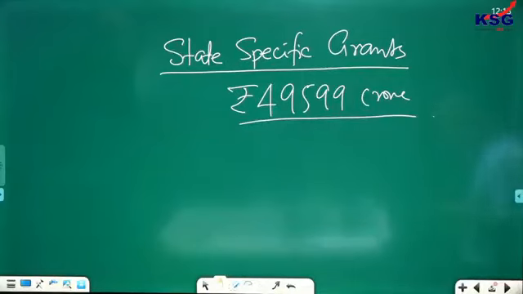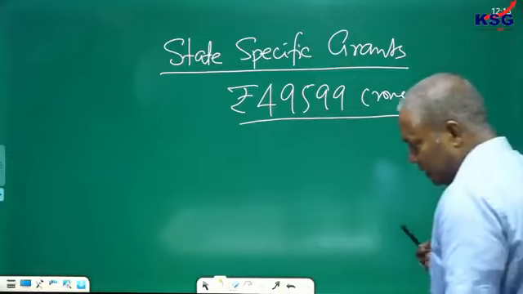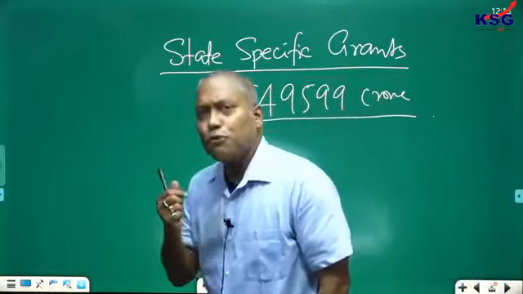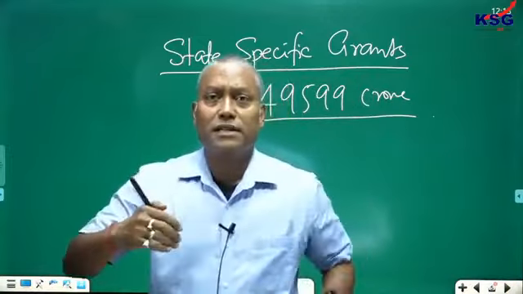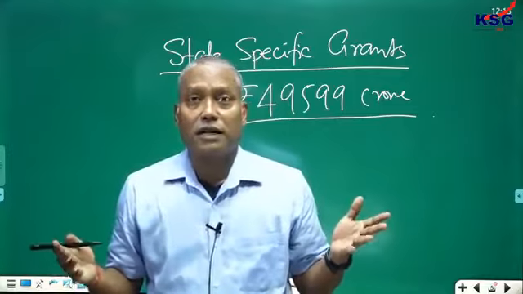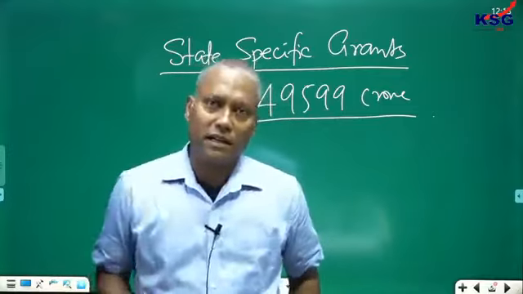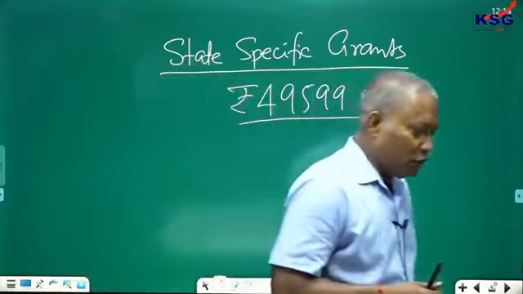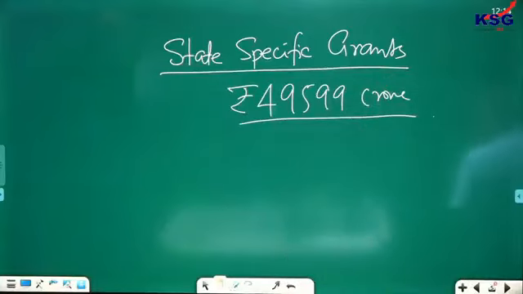Clear? Next you write high cost physical infrastructure. Suppose you want to do investment for physical infrastructure and there is a high cost, for that grants should be given.